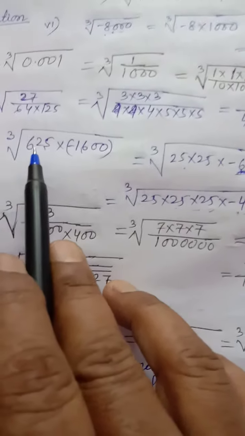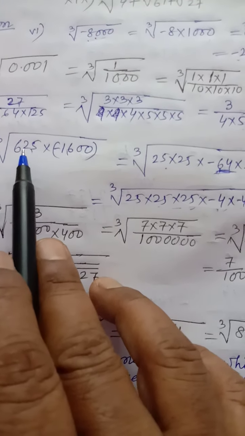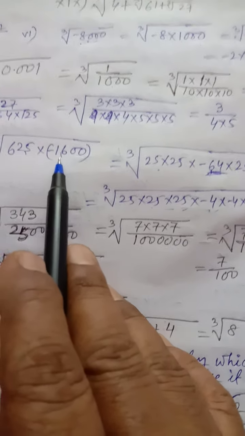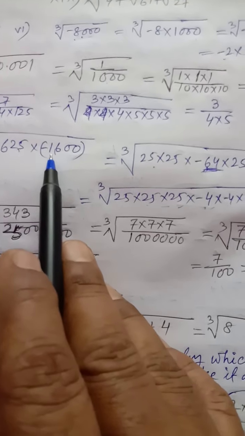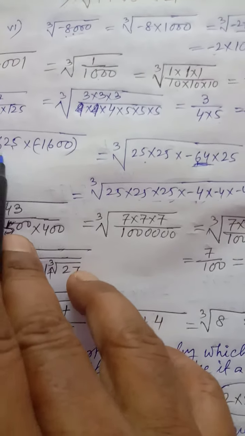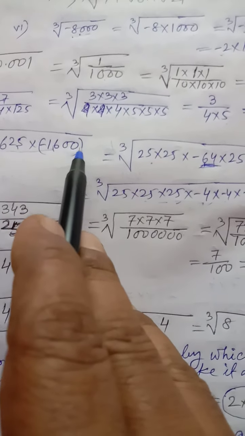I remember when I was teaching you percentage, I told you that if the denominator is, say, 625, you can multiply that number with 16 so that you get 10,000, so that you can convert into a decimal fraction and put the point.